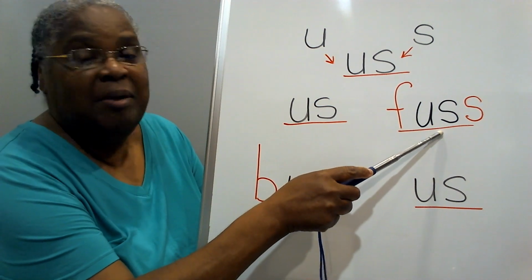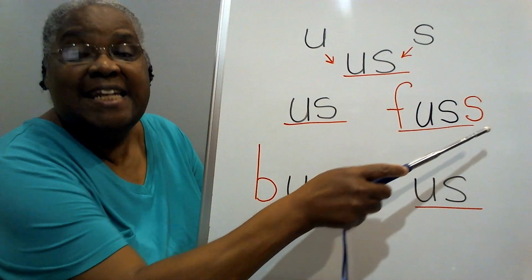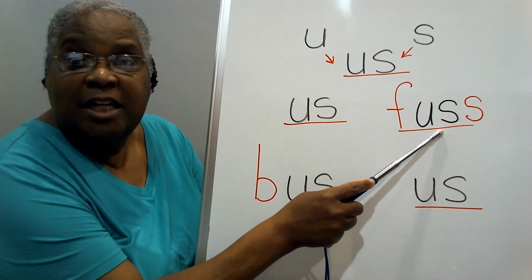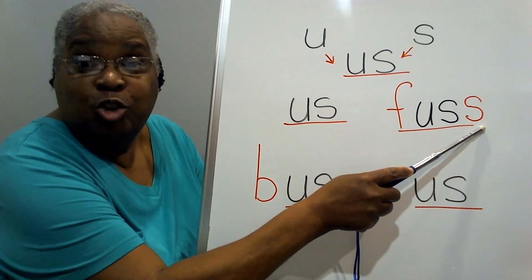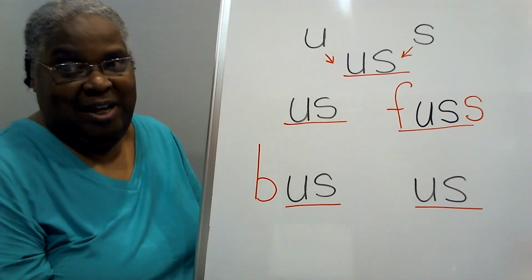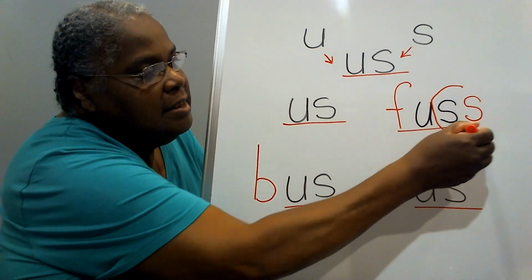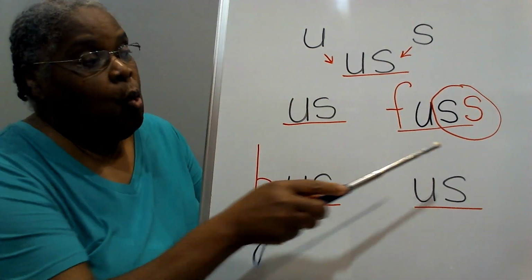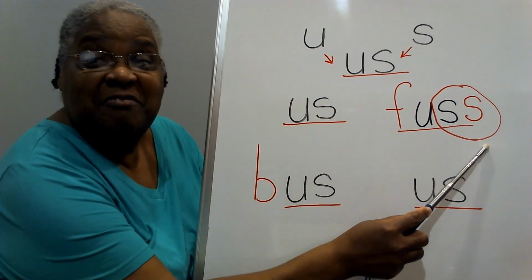Say the sound of the blend, us. Say the S sound, S. Now say the F sound and the sound of the blend along with the S sound together smoothly, while remembering that when identical consonants are side by side, they make one sound. Say the sound of the word, fuss.